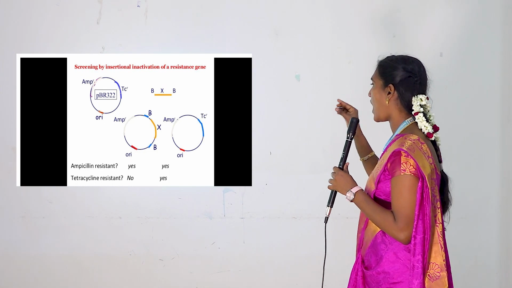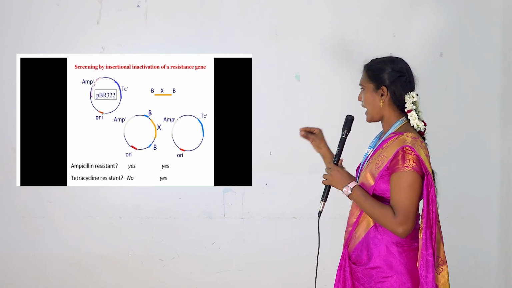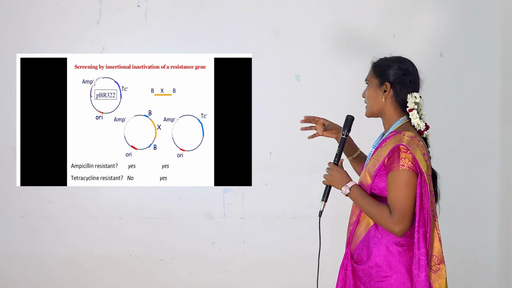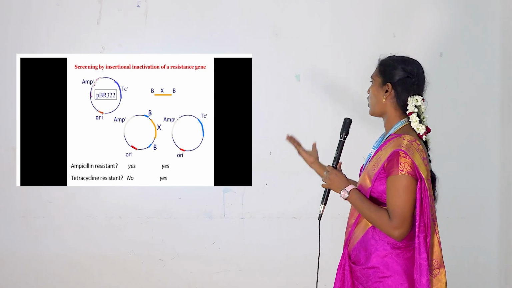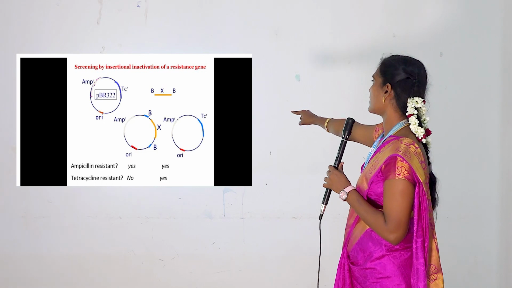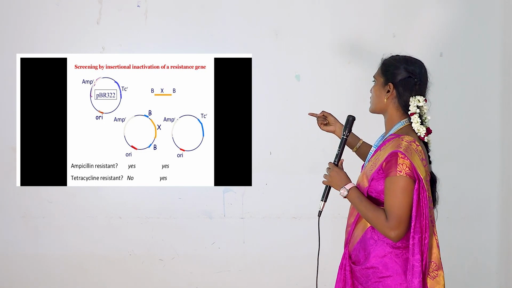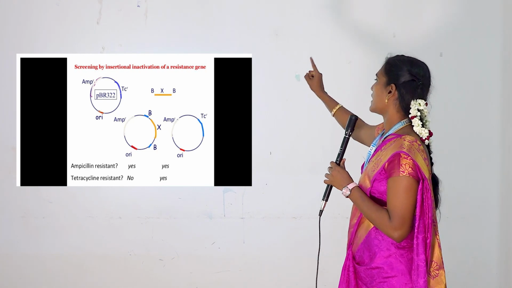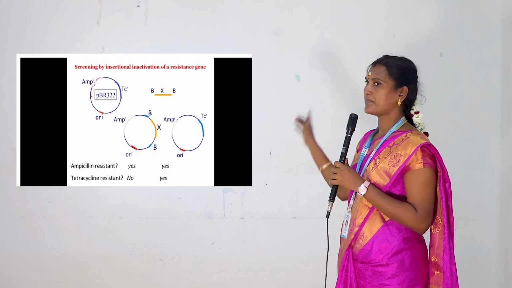If we insert our gene of interest into a particular resistance marker, the natural character of that marker will be gone. So after insertional inactivation, the tetracycline resistance of pBR322 will be gone.